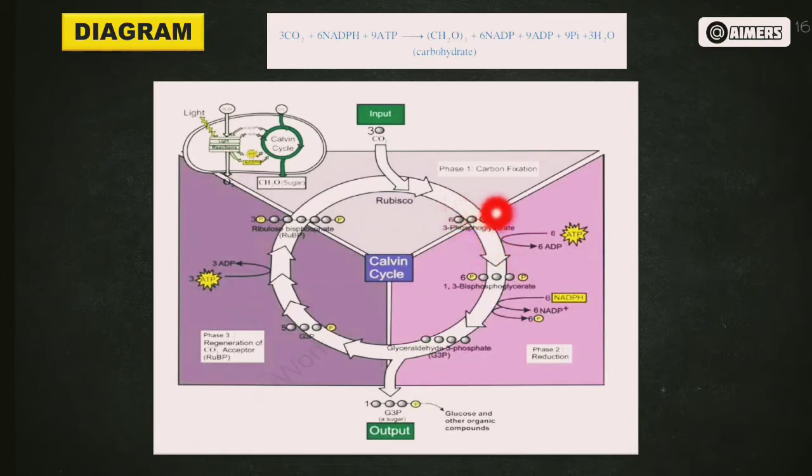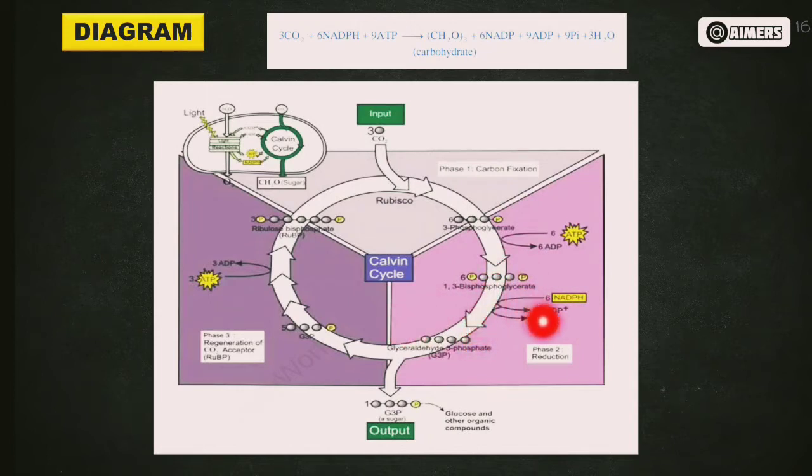Now these 3-phosphoglyceric acid add phosphate to make 1,3-bisphosphoglycerate, and in this step 6 molecules of ATP break down into 6 molecules of ADP and 6 inorganic phosphates. Now 1,3-bisphosphoglyceric acid removes 6 inorganic phosphates from it, adds 6 electrons from NADPH and makes glyceraldehyde 3-phosphate.